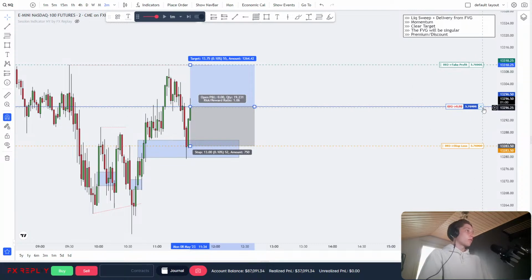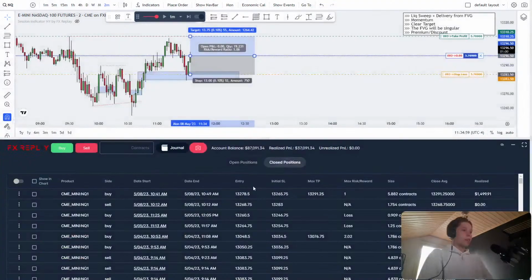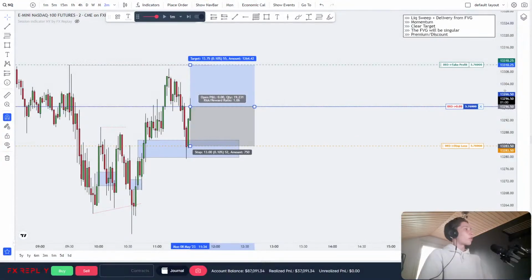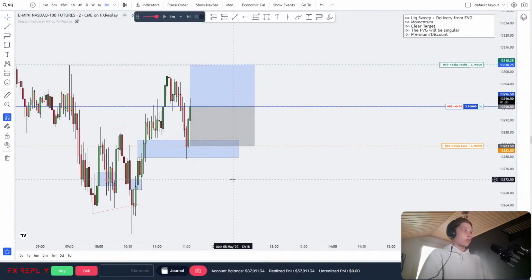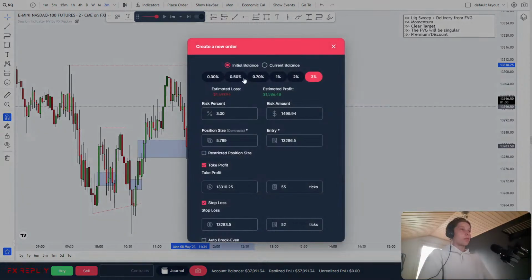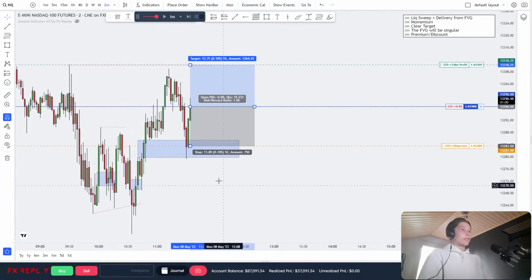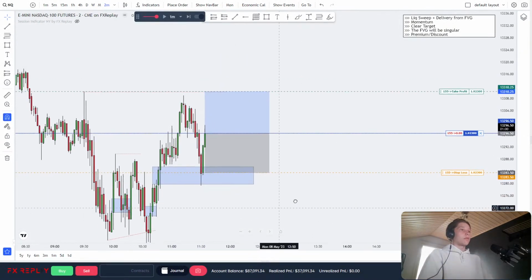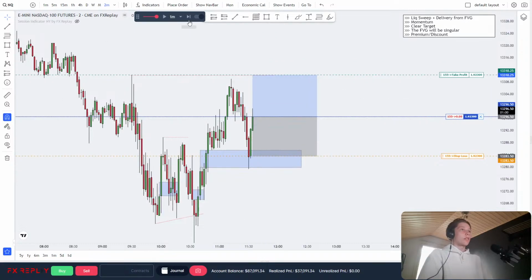So if this loses, I'm break even for the day. I don't want to be break even for the day, so I'm only risking 1% because it's kind of late for the session.